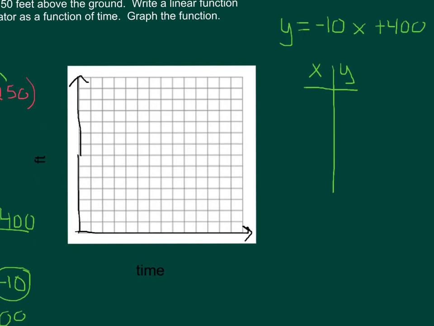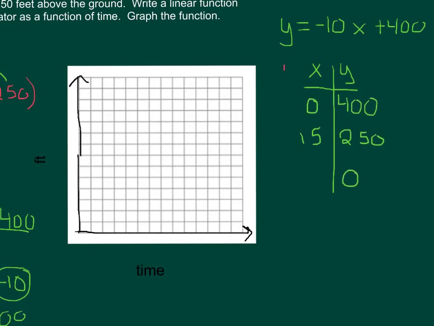So to graph this equation, let's make another XY table. We actually already have 2 of the points. We know that at 0 time, we're at 400 feet, and that at 15 seconds, we're at 250 feet. Now, let's consider how much time would have gone by for us to be at 0 feet.